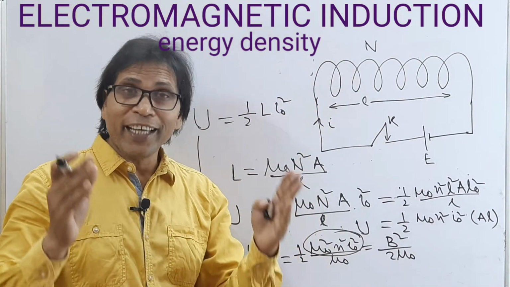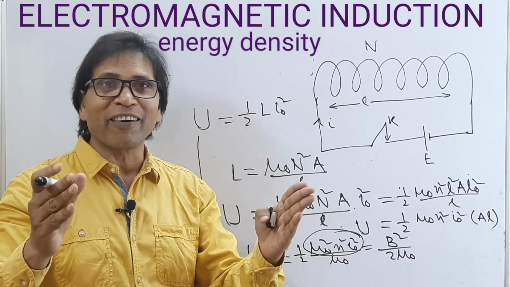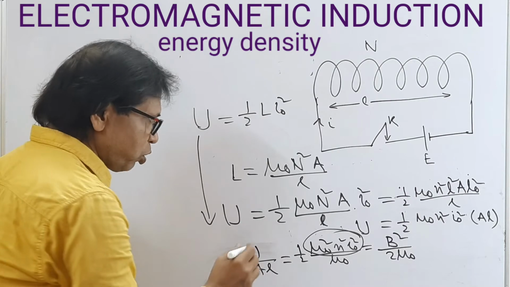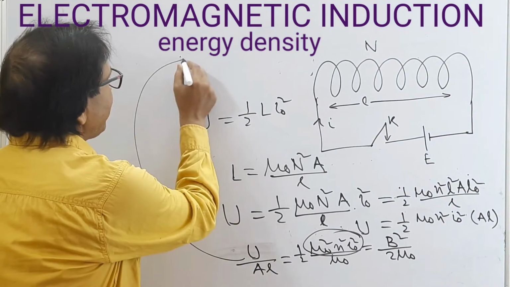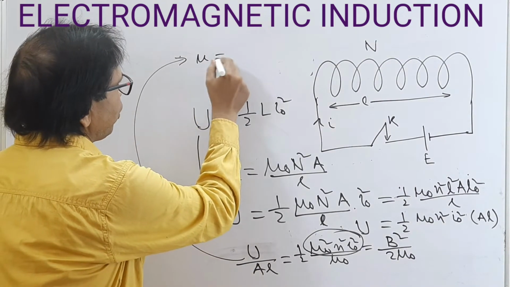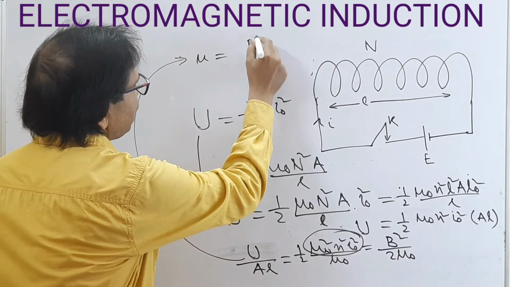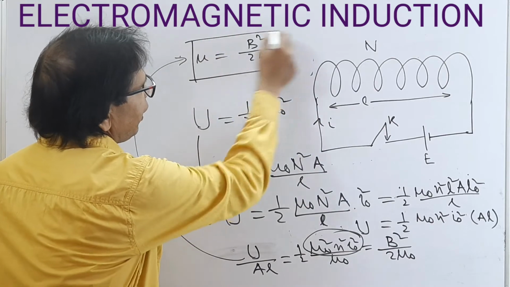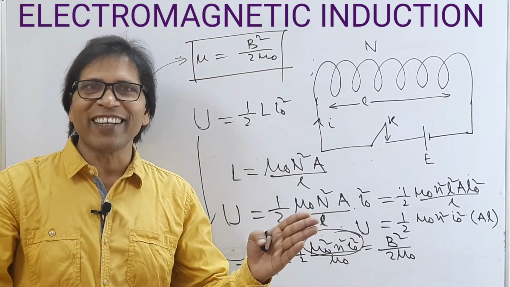So A into L is the volume of the coil. So energy by volume, that is energy density, U equals B square by 2 mu naught, is the energy density in the magnetic field.